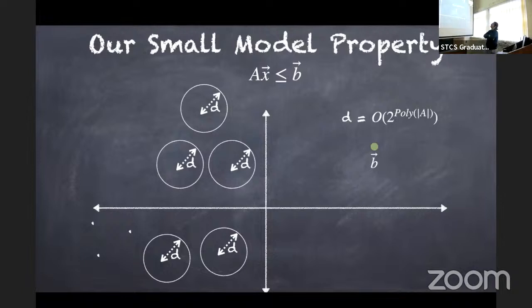For a fixed b, it's like fixing a cube in the space, and we are asking if there's a vector of the lattice inside the cube. Yeah, that's what I was thinking. The Ax less than or equal to b should look like some kind of region, and you're asking whether there is a lattice point in it.